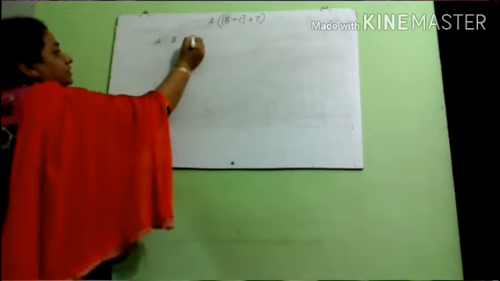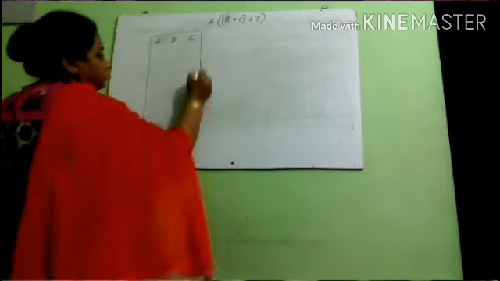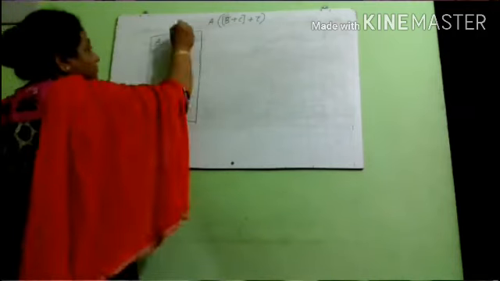So let us get started and let us start drawing the truth table for this given Boolean expression.